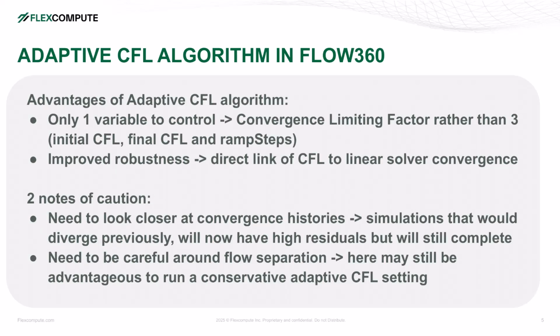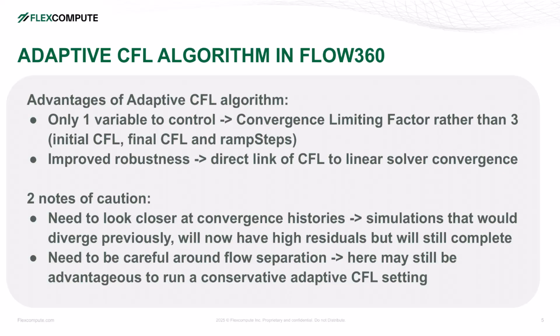The main advantage of adaptive CFL is that you no longer need to control three ramp parameters. Instead, you provide a single input called the convergence limiting factor. This parameter controls how aggressive or conservative the CFL evolution will be.